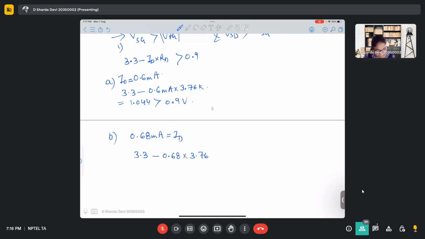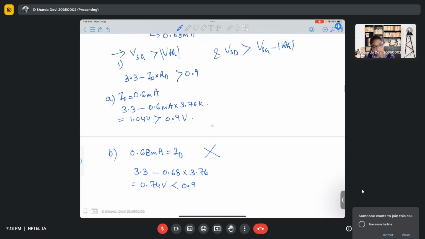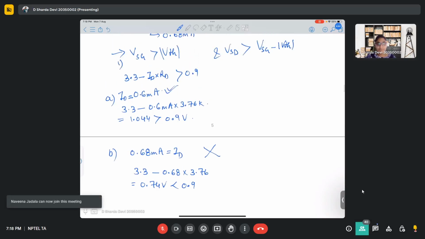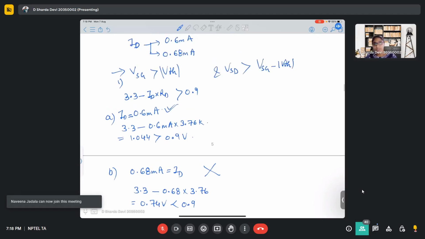It's 0.74 volts. It is less than 0.9. So we cannot have ID of 0.68 milliamperes. So the value of ID is 0.6 milliamperes. So we have got it with the first condition. You can get it with the second condition as well.